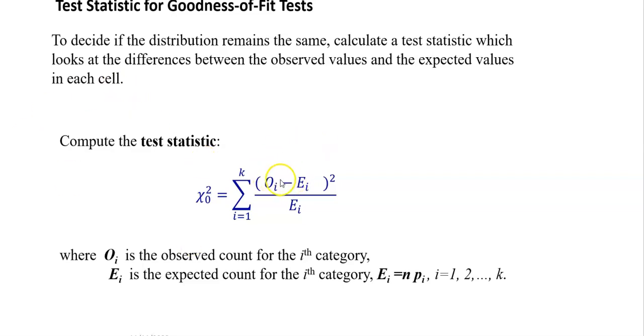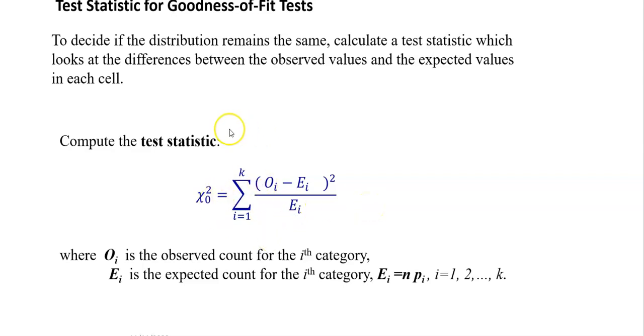Next, we calculate the difference between the observed value and the expected value. You square this difference, this deviation, and you divide it by the expected value. You do this for all the categories, then you add them up for all the k categories.